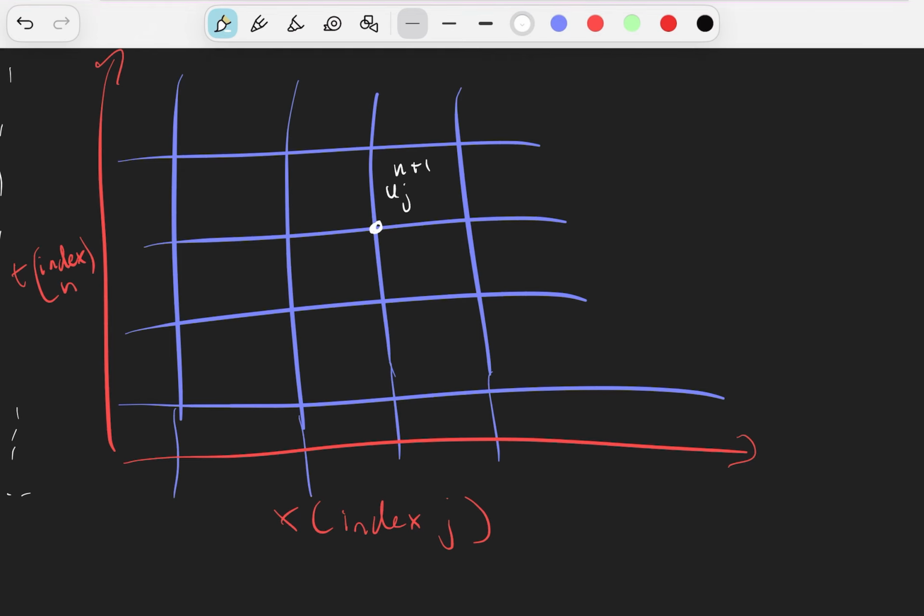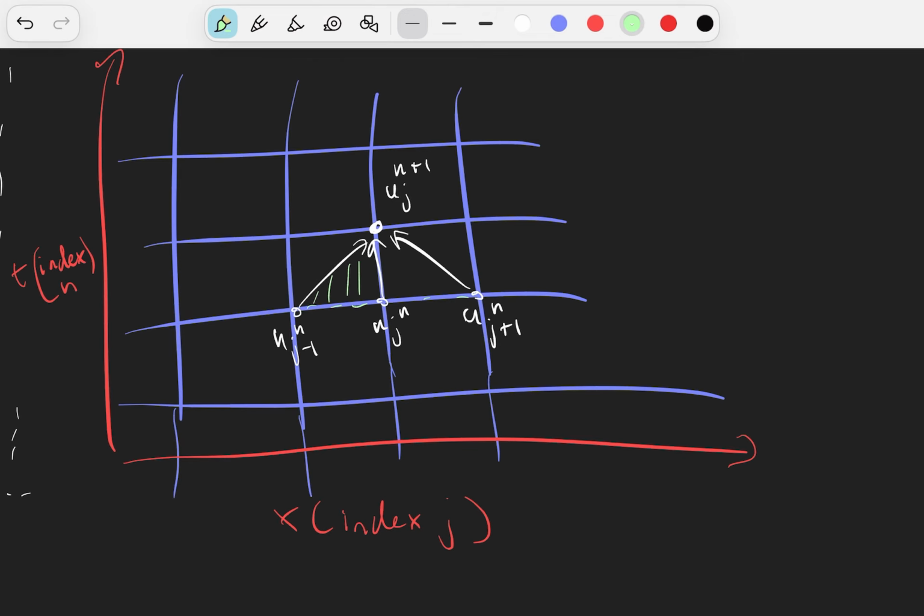All right, and let's say our grid dictates this particular implication that we came from some state of U sub j at n, and then this would be U sub j plus 1 in our grid at n, staying along the same time index, and then minus 1 at n, okay?